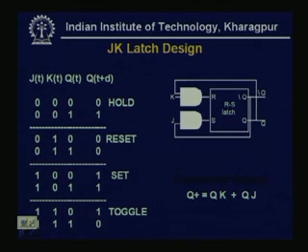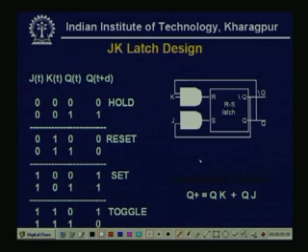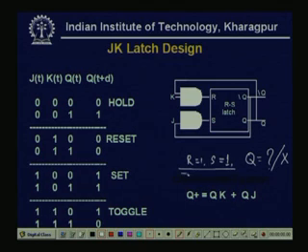Here we have to feed the output in such a way that never the RS values can be 1 1, because what we have seen is that if R equal to 1 and S equal to 1, then this Q becomes unpredictable, so we want to avoid these states.